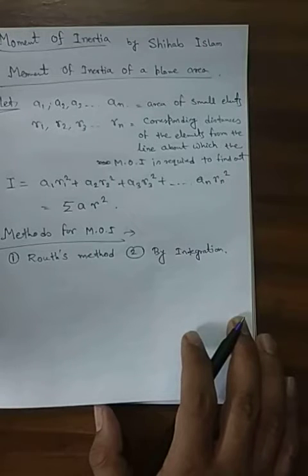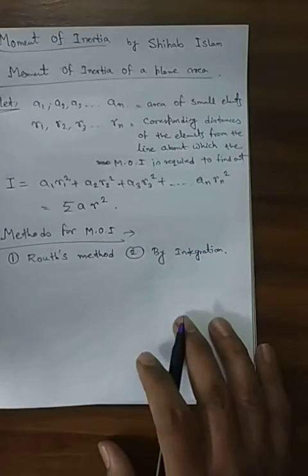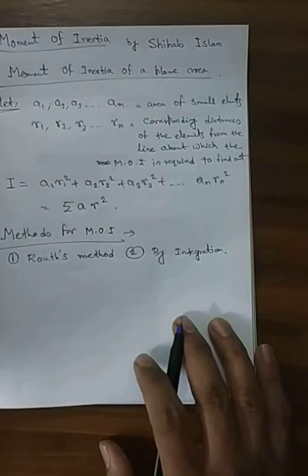Let's remember one thing: Routh's rule is used for finding the moment of inertia of a plane area or a body of uniform thickness. If the plane area or body has uniform thickness only, then we can calculate the moment of inertia by Routh's method. If the thickness is non-uniform or variable in different parts or sections, we can't use Routh's rule.